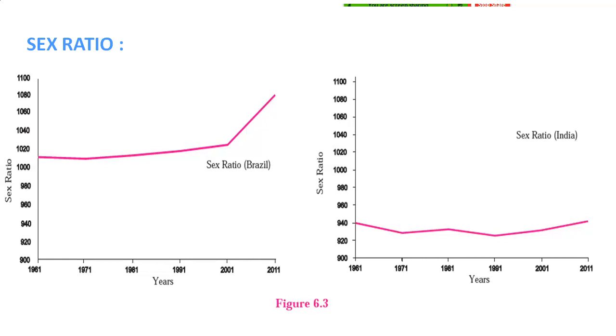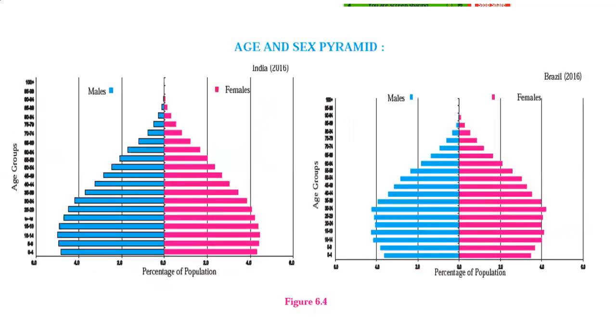We move on to the next aspect or the next characteristic. In this figure, we shall be comparing the age composition of the population. This is a very special graph called the population pyramid.